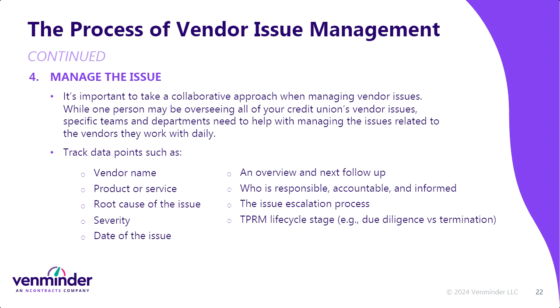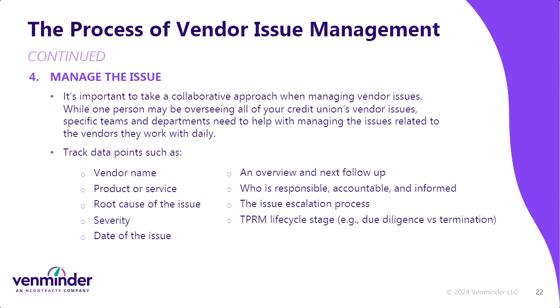And the fourth step in the process is managing the issue. And it's very important to take a collaborative approach here because, again, not one person should probably be overseeing all of the vendor issues. There will be a variety of people involved in this process, as we talked about several slides back. But those who have some responsibility in this process certainly need to be the ones who are managing the issues.